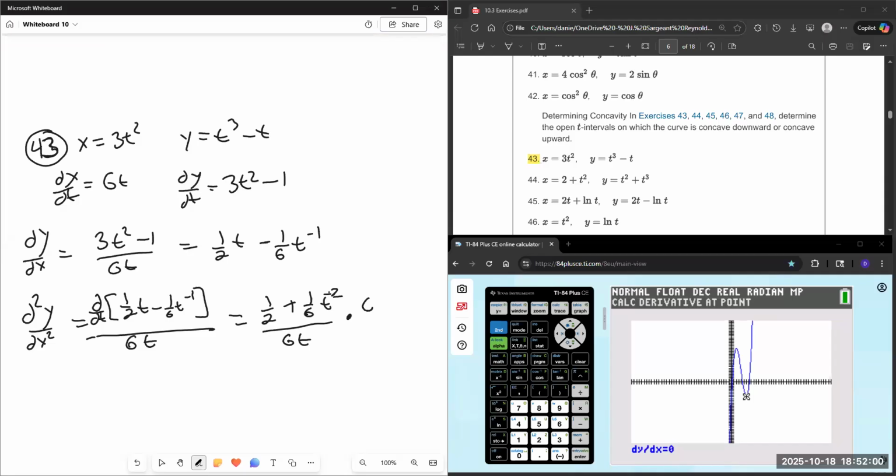Going to multiply by 6t to the second over 6t to the second, and d2y/dx2 is equal to 3t squared plus 1 over 36t to the third.